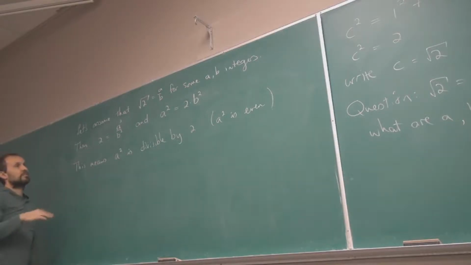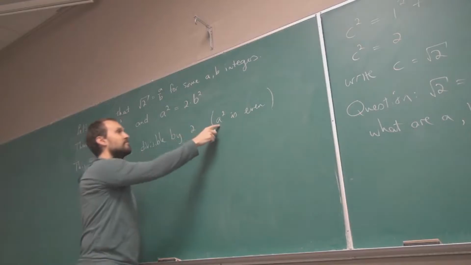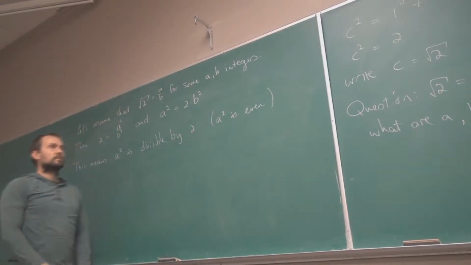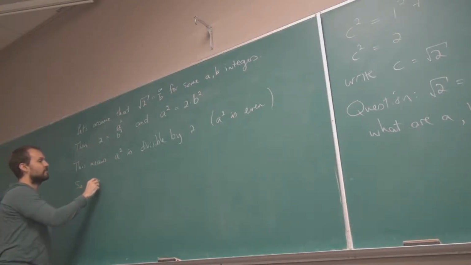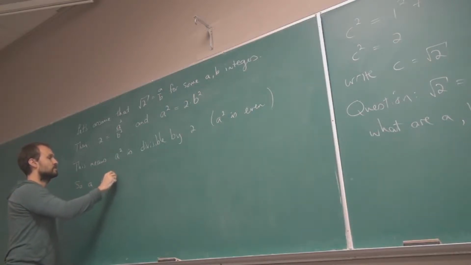Now, you can convince yourself on the side that if I have a number times itself that's even, that number can't be odd. 2 odd numbers make another odd number. So let's say here, a itself must be even as well.